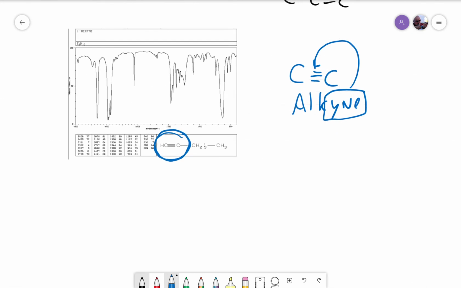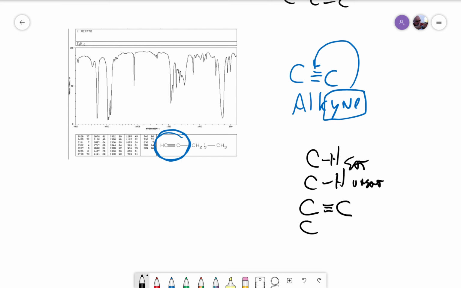This molecule has a CC triple bond. This is still 2900 and 3100.